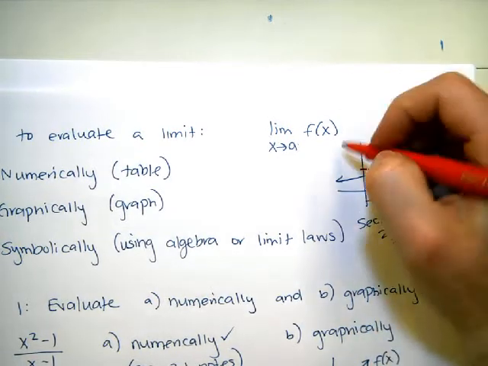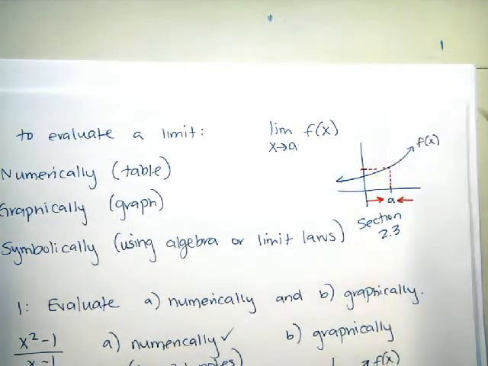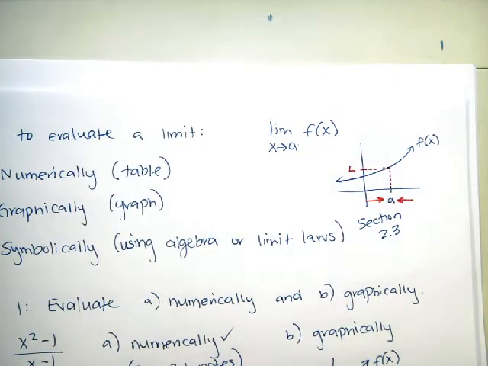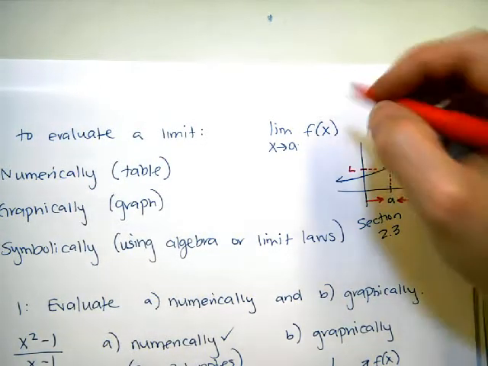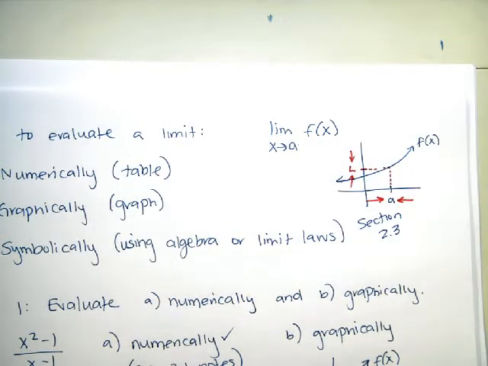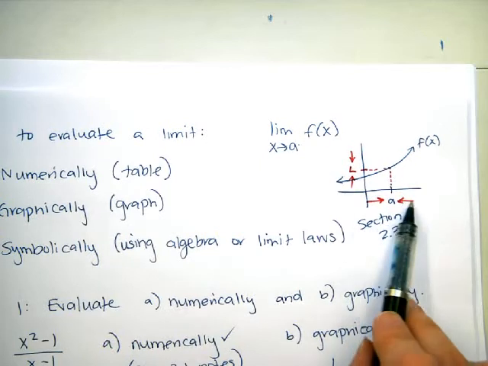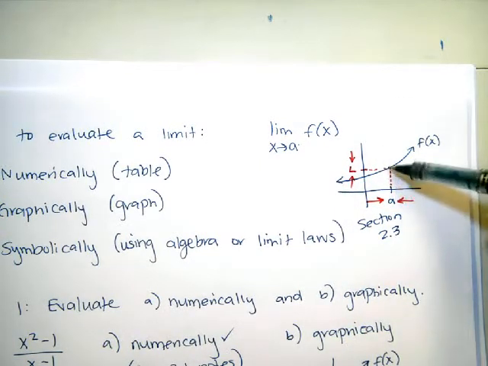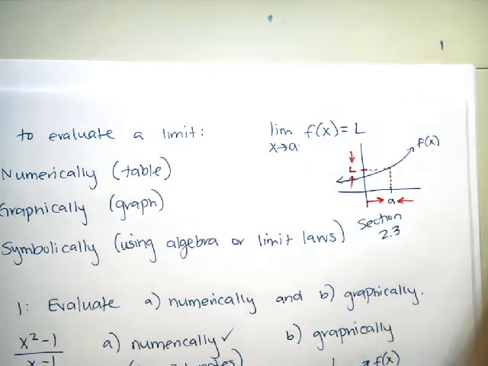So as x approaches a, our function value is going to start to approach some number, which I'm going to just call L, capital L, for limit. So this is just a little visual of what we'll see when we evaluate limits graphically. We're seeing as x approaches this point a, the y value, f of x, is approaching some limit L.